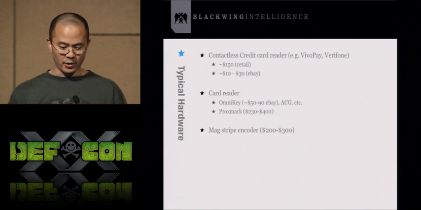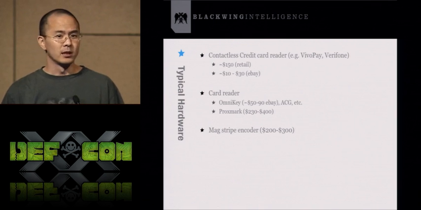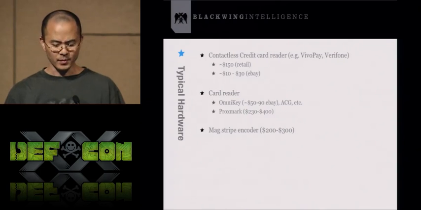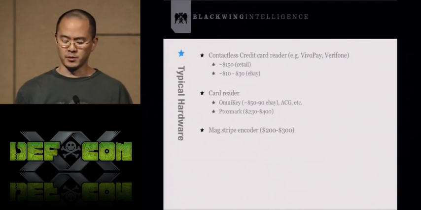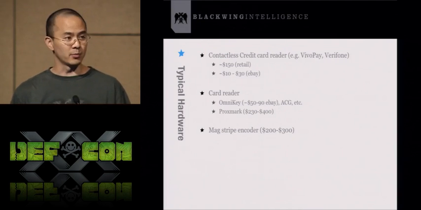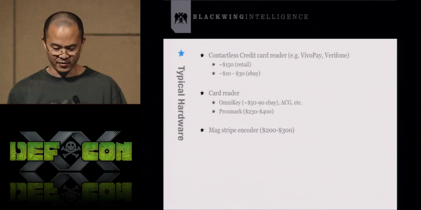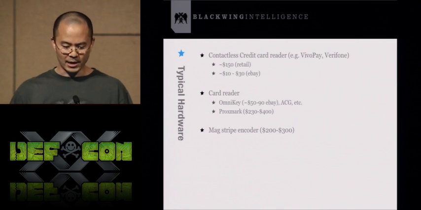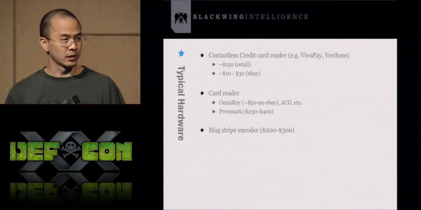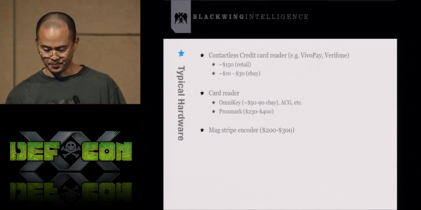You can also get a card reader like an OmniKey. There's a good list of different credit card readers on the RFID site. Then there's Proxmark. I've never actually used the Proxmark tool, but supposedly it's pretty sophisticated and allows you to do sniffing and things like that. But it's a little bit more expensive. And then the magstripe encoder, about $200 to $300. I've never used that myself either.